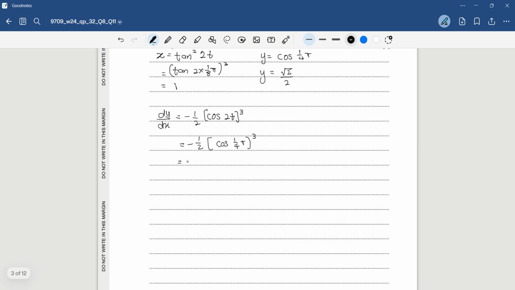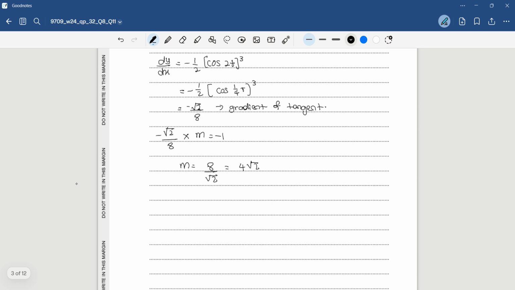You can press the calculator and you will get negative root 2 over 8, and this will be the gradient of the tangent. Therefore, the gradient of the normal multiplied by this will be negative 1, so the gradient of the normal will be 4 root 2.